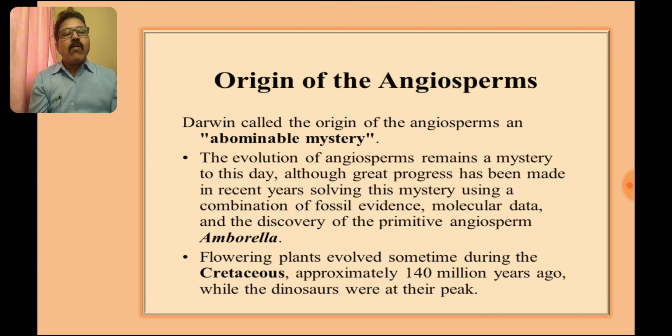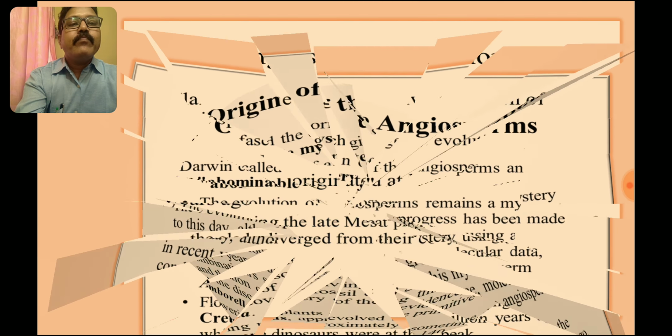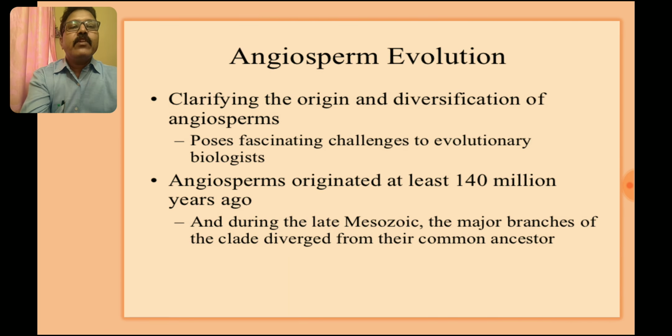Flowering plants evolved sometime during the Cretaceous period, approximately 140 million years ago, while the dinosaurs were at their peak. Clarifying the origin and diversification of the angiosperms poses fascinating challenges to evolutionary biologists.